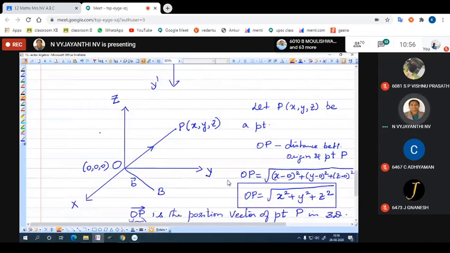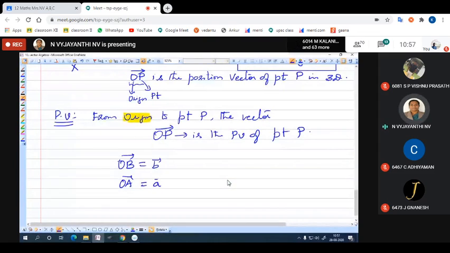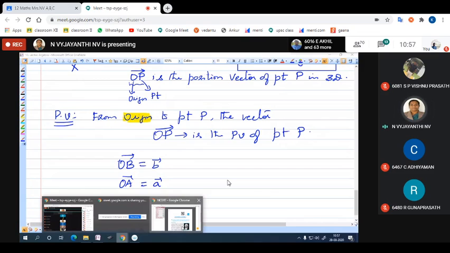Similarly, OA vector can be written as a vector also. Got it? Got it, ma'am. So direction ratio and direction cosine I'll tell you, but before that, let us solve a few of the problems.